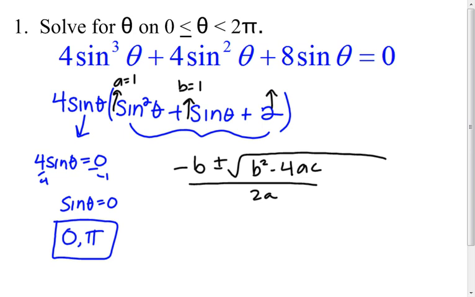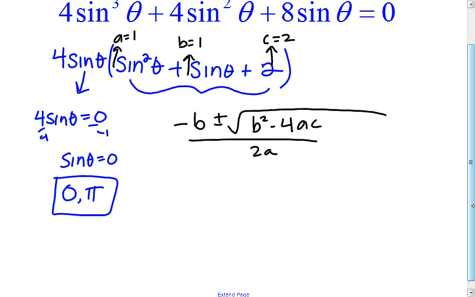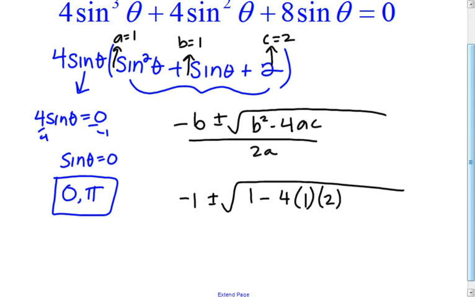And your c is your constant, which is 2. So the opposite of b, negative 1, plus or minus the square root of 1 squared is 1, minus 4 times a is 1 times c is 2, all over 2 times 1.